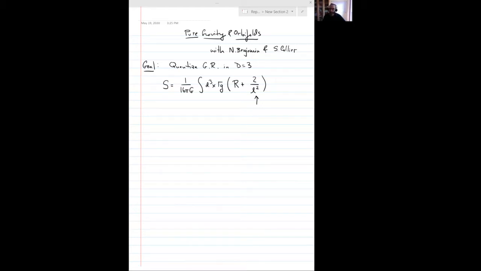And I've written it in terms of a parameter L that has dimensions of length. And that is going to set the typical length scale of a solution of this theory. So this is general relativity in 3 dimensions with a negative cosmological constant. The prototypical solution to this is anti-de Sitter space.